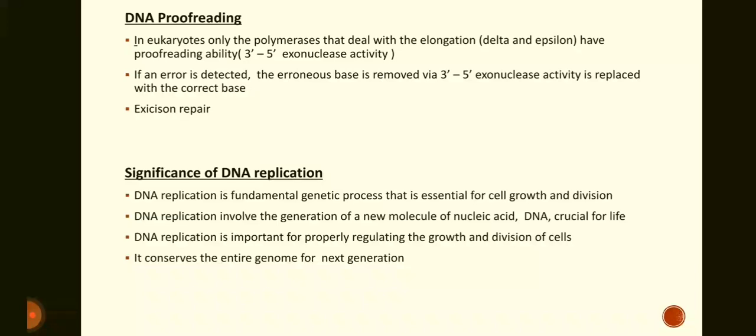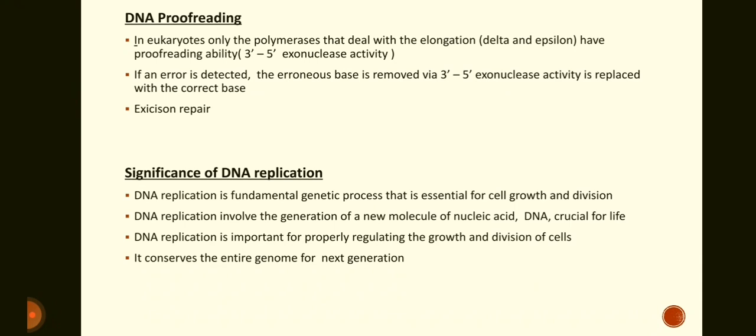If an error is detected, the erroneous base is removed via 3' to 5' exonuclease activity and replaced with the correct base. And excision repair removes the pyrimidine dimers formed by ultraviolet rays or other mutated bases and replaces them.